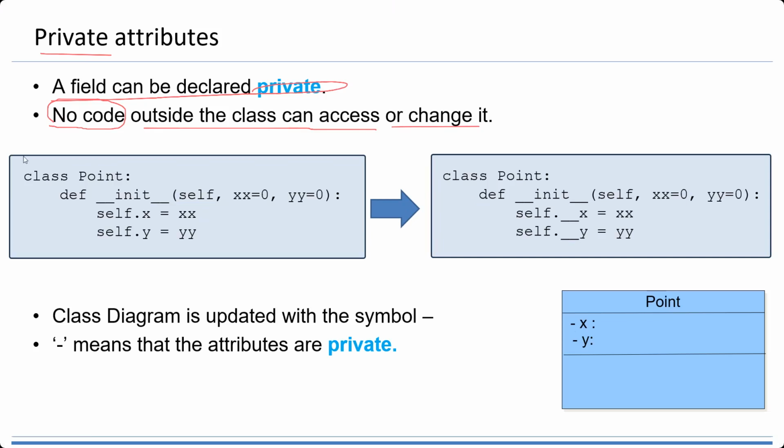Now we are going to update the constructor. The original constructor is this one. We have self.x, which is xx, and we have self.y, which is yy. Into the new statement we use the underbar underbar. So self dot underbar x equals xx. Self dot underbar y equals yy.